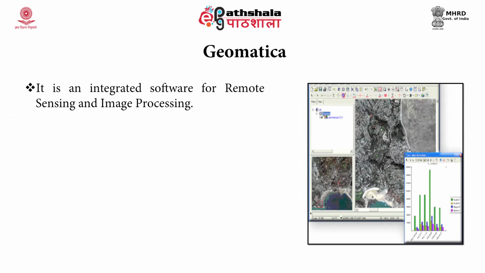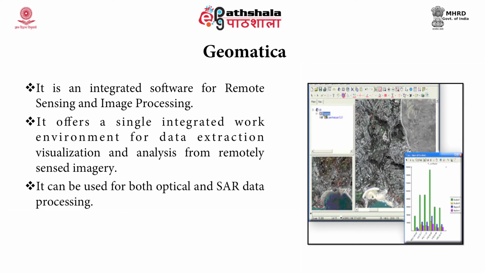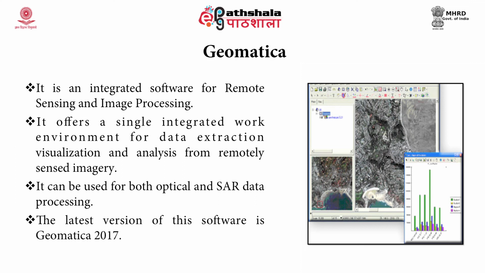Another software that is very popular is Geomatica, which is an integrated software for remote sensing and image processing. It offers a single integrated work environment for data extraction, visualization, and analysis from remotely sensed images. It can be used for both optical and synthetic aperture radars data processing. The latest version of this software is Geomatica 2017.